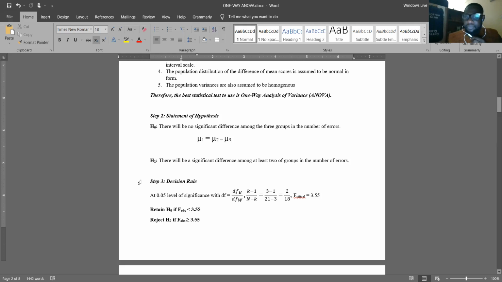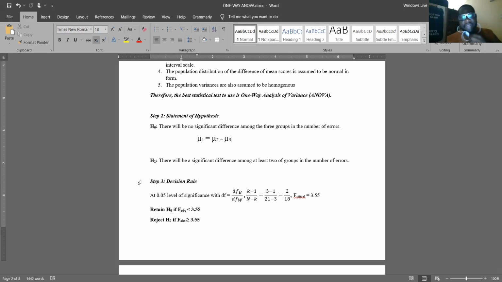Then the next thing will be step 3, which is the decision rule. Under the decision rule, like what we normally do for previous ones, we are supposed to first generate a critical value. Right now, we know we'll be solving for an F value, so we are supposed to solve for F critical.